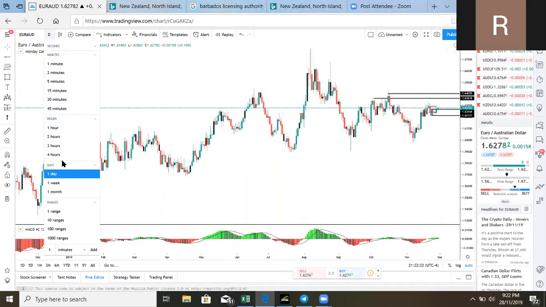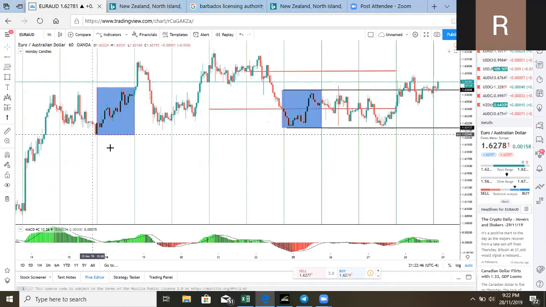Because you want to use the higher time frame. So sometimes when you see price in areas like that, you can look at the higher time frames to see if price respected or if it broke through. Then you won't take a chance on the daily time frame that you were on there.